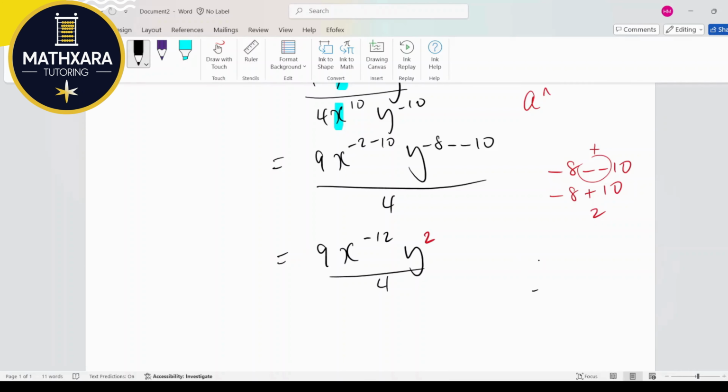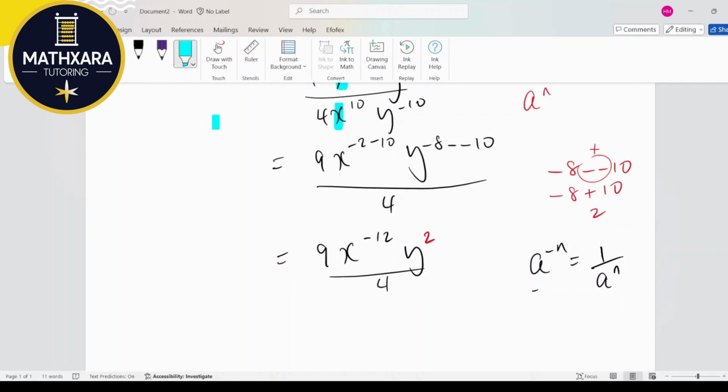Let's use the law that states a to the negative n would be 1 over a to the positive n. So once you have a negative exponent, you could rewrite that expression as 1 over the base to the positive exponent.